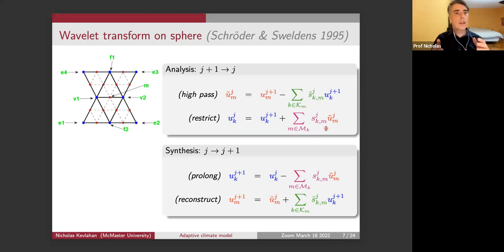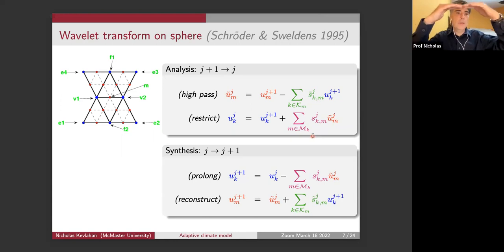What that does is it allows us to conserve certain important properties. Usually the property you especially want to conserve is the mean. If you just subsample, you won't conserve the mean. But by doing this lifting step, you can conserve the mean, or you could conserve other things.